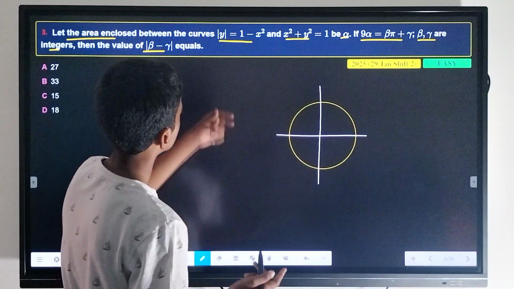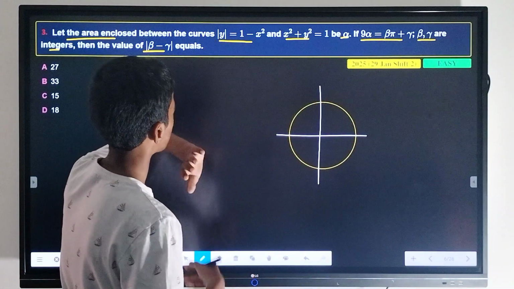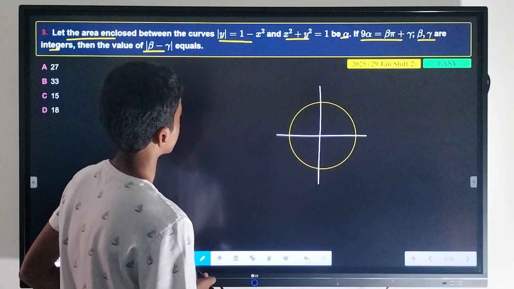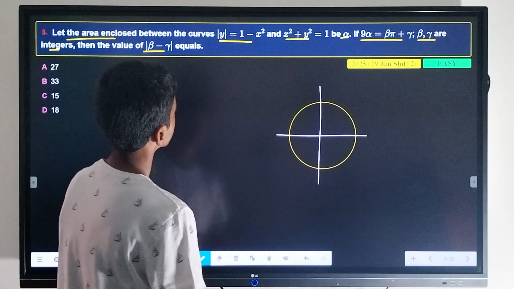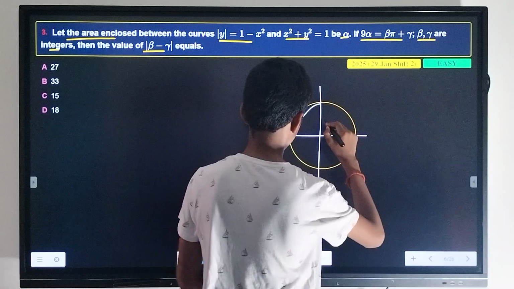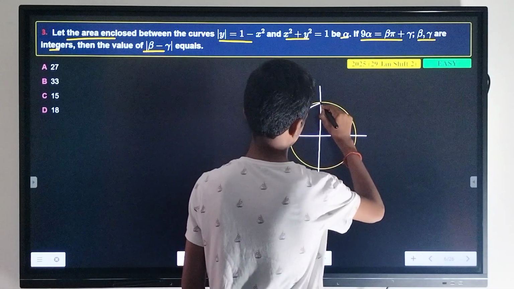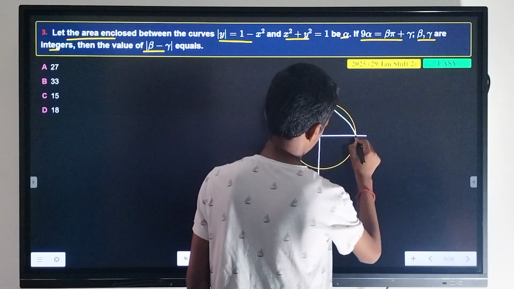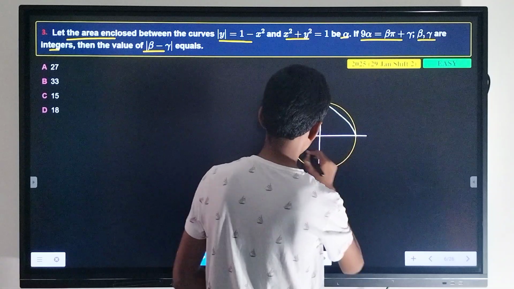And here we have modulus of y is equal to 1 minus x square. So graph of this will be like this, and this.